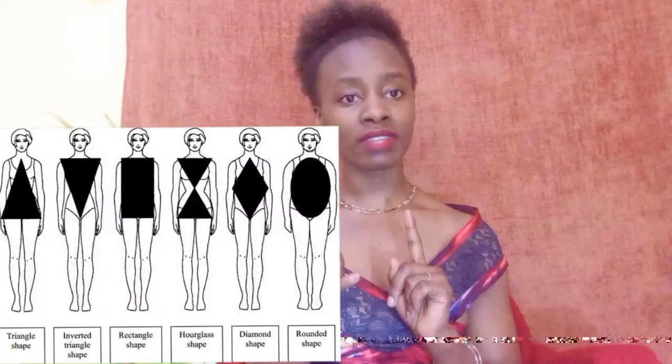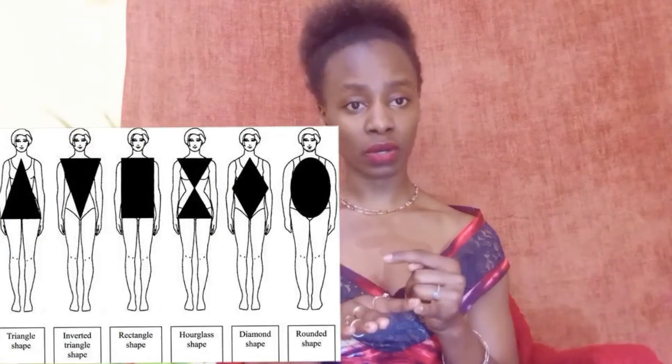We also have the triangle shape, also known as a pear, and the inverted triangle. We have the rectangle, also referred to as straight or banana. We also have the diamond shape and the hourglass shape.